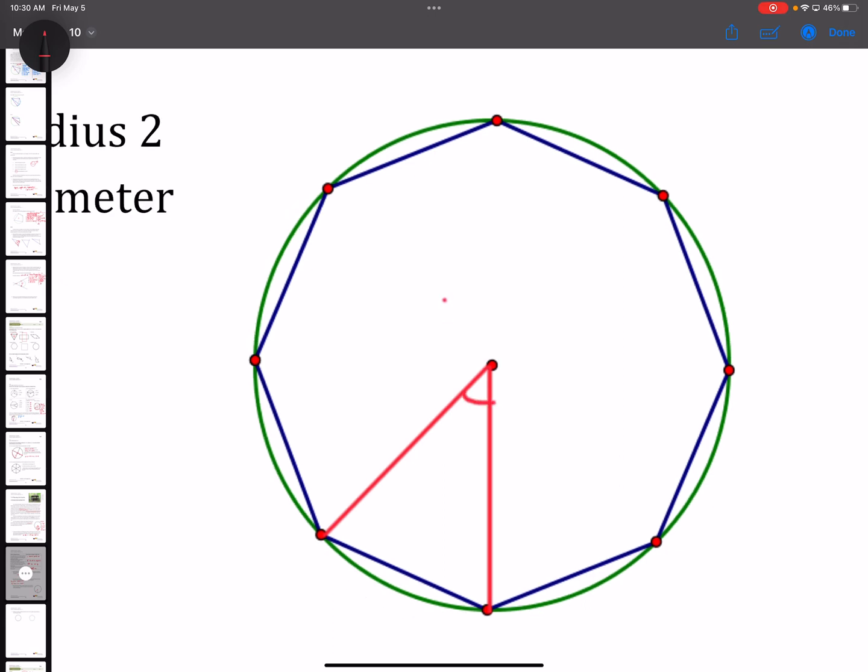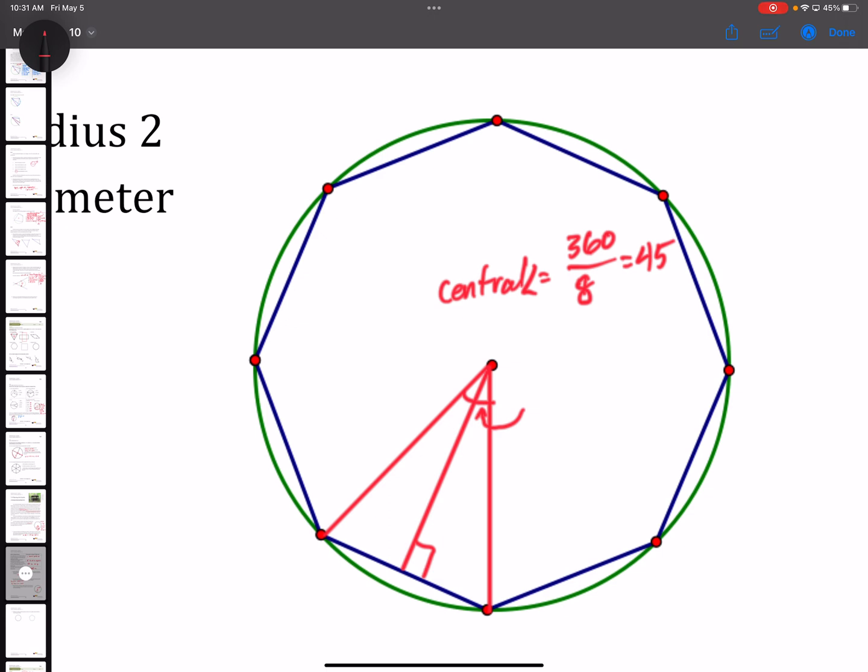So this entire central angle is equal to 45 degrees this time, because we did 360 divided by 8, which is equal to 45, right? So when I drop that altitude now, what is this new angle, half of that?